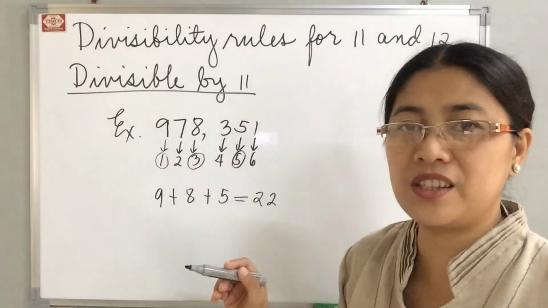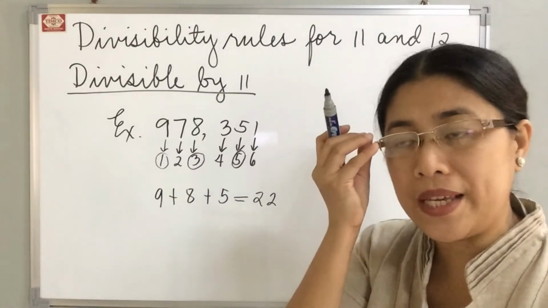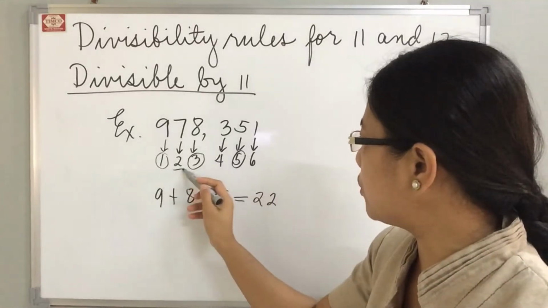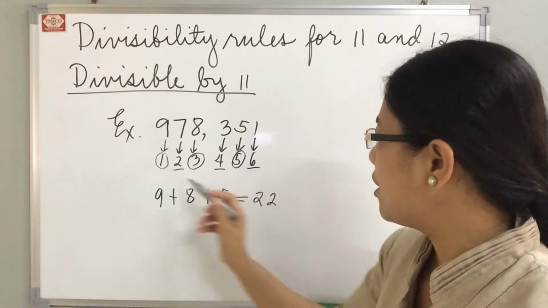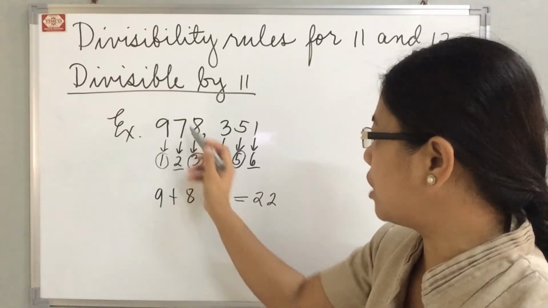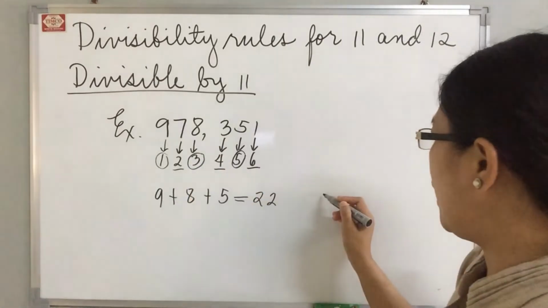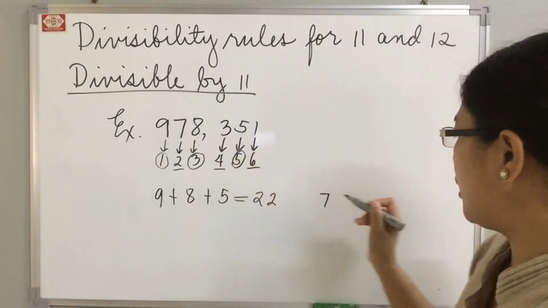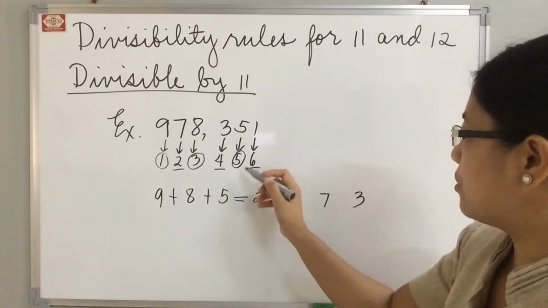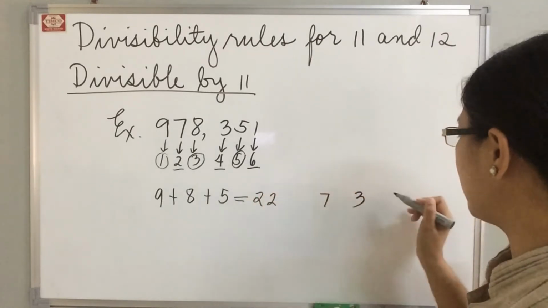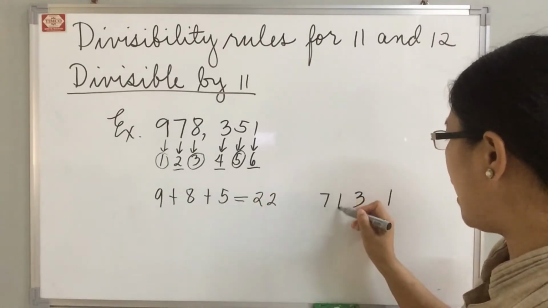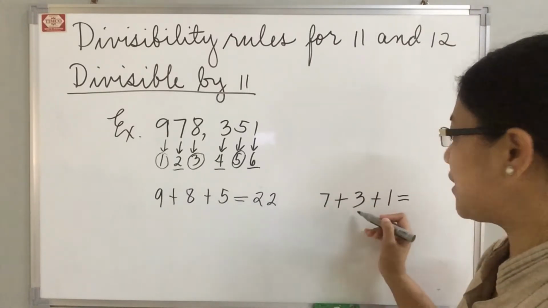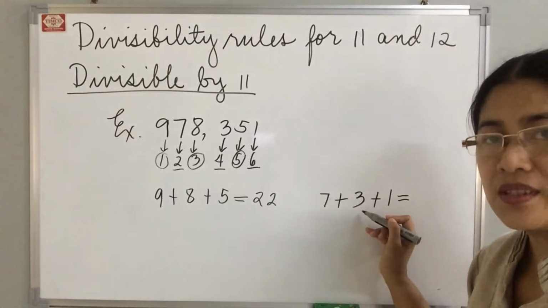Now, let's get the digits in the even places. We have the following even numbers: 2, 4, and 6. First, let's get the digit on top of number 2. We have 7. On top of number 4, we have 3. And on top of number 6 is 1. So, let's add also. 7 plus 3 is equal to 10.